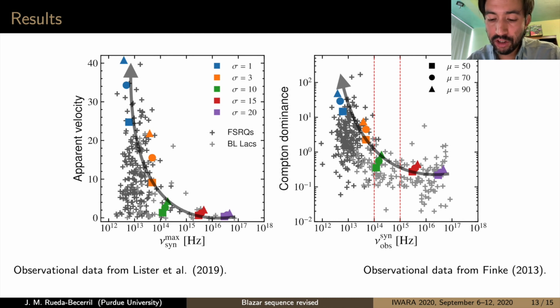So we take both luminosities, we take the ratio, and we get the Compton dominance. As we can see, the FSRQs are Compton louder, meaning that the Compton component is larger than the synchrotron component, while the BL Lac objects are actually of the order or below the synchrotron component. These dashed lines are a separation between low synchrotron peak BL Lacs, intermediately peaked BL Lacs, and highly peaked BL Lacs.